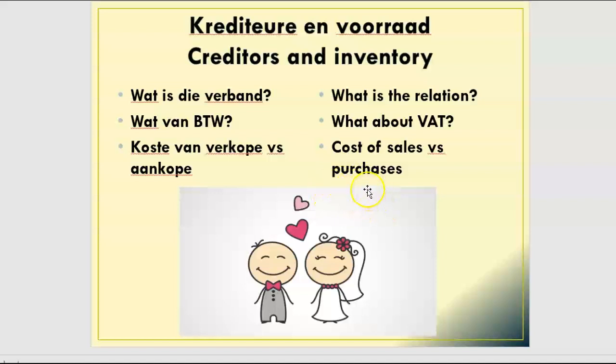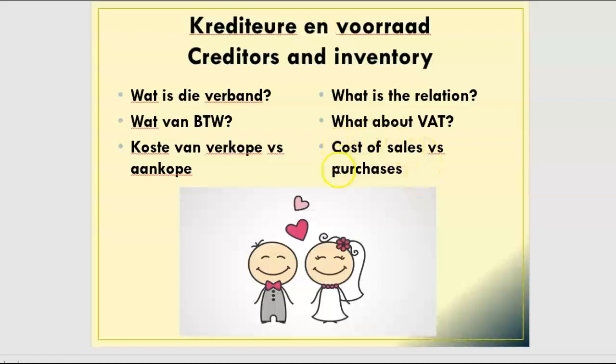So let's say we work with a 3% settlement discount, 97% of the VAT exclusive amount will go to either inventory or purchases, depending on the type of inventory system. The 3% will go to an allowance for settlement discount. The VAT still will be the VAT input that I can claim, and then creditors will still be the invoice value.